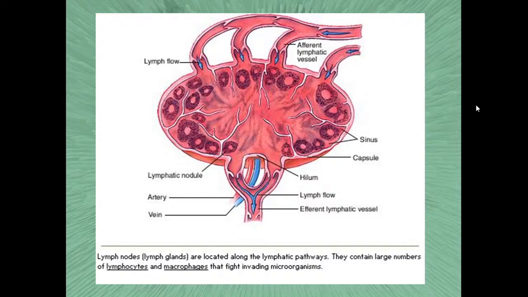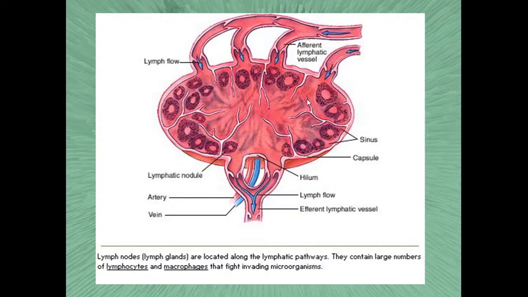The next layer is formed by the cortex of the lymphatic node, represented by the lymphatic nodules. These lymphatic nodules contain lymphocytes and other lymphoid tissue cells.